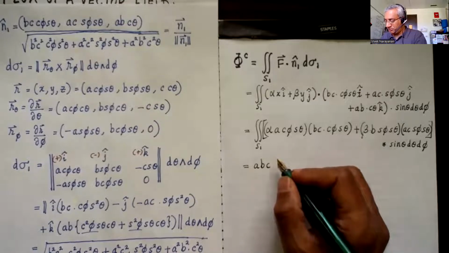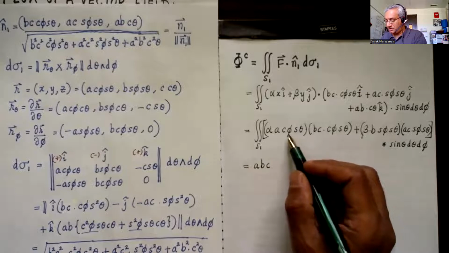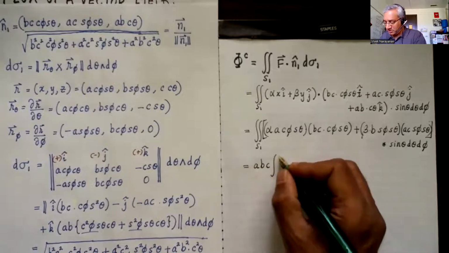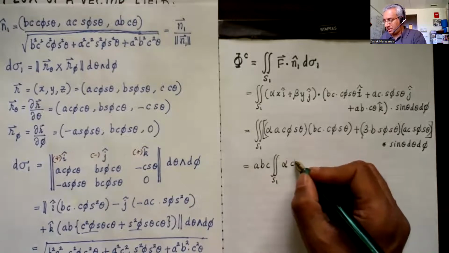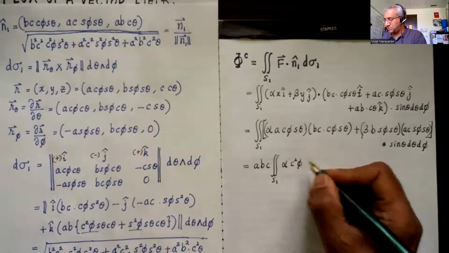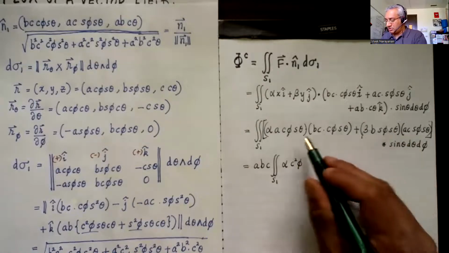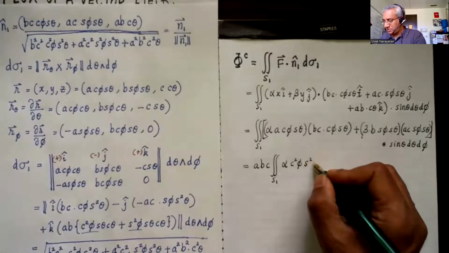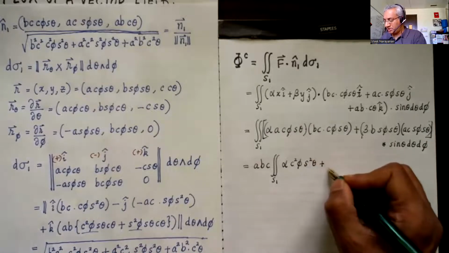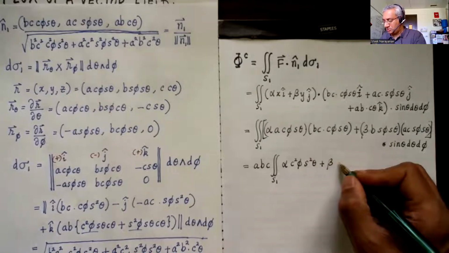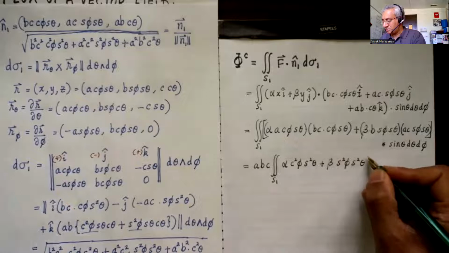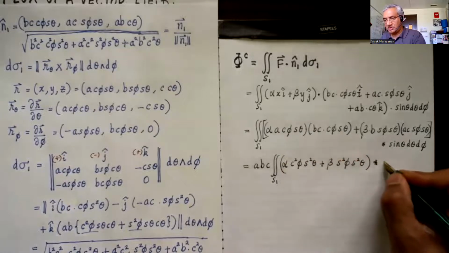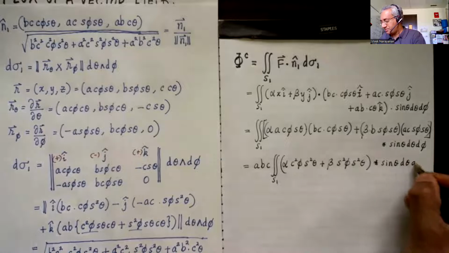The other thing you have to notice is that phi, let me just write one more step. Alpha cosine squared phi sine squared theta plus beta sine squared phi sine squared theta times sine theta d theta d phi.